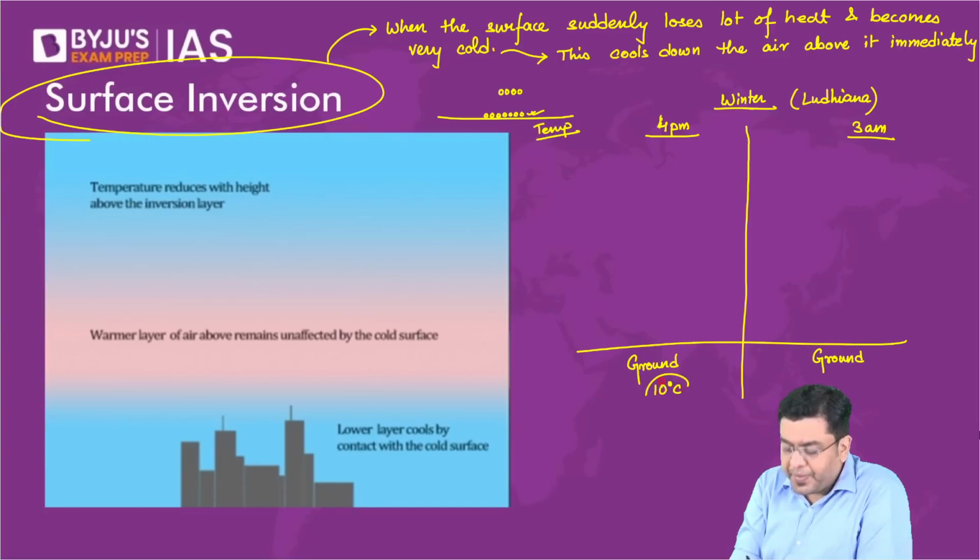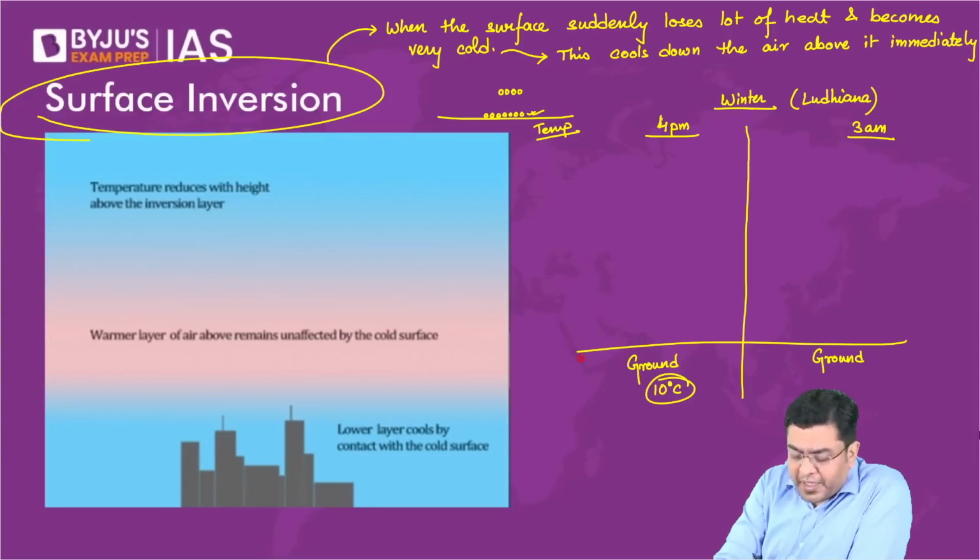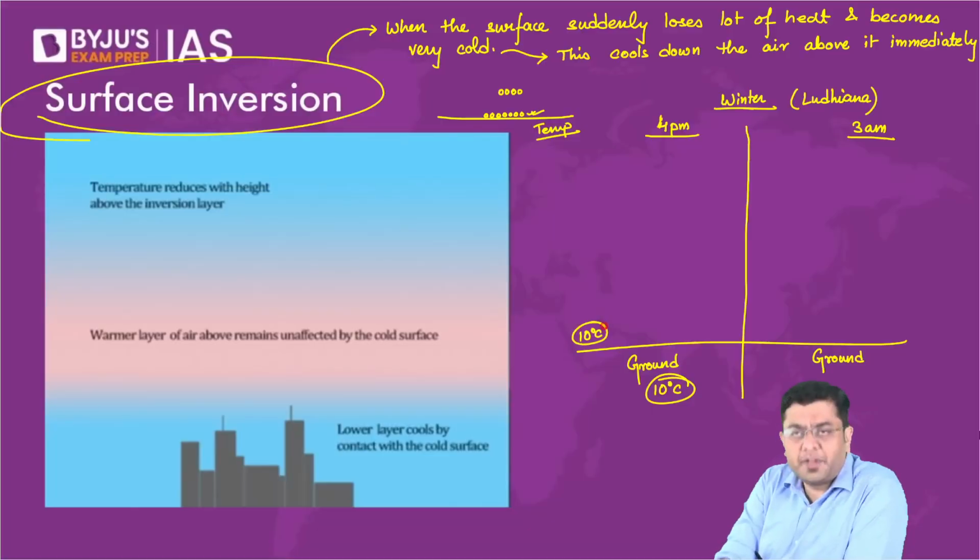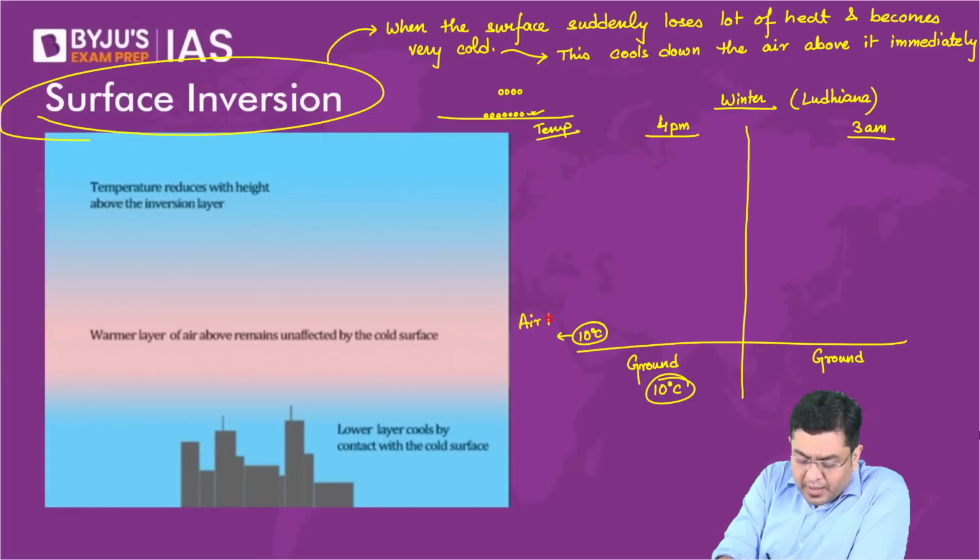Apply your logic, see if it satisfies your logic. Now, if the ground temperature is 10 degrees Celsius, the temperature of the air immediately above the ground will also be very similar. Let's assume 10 degrees Celsius because it is in contact with the ground. The air in contact with the ground.